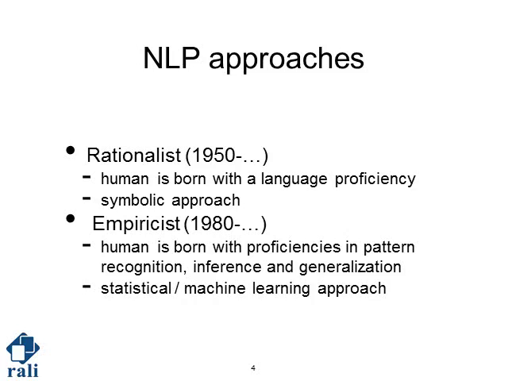In recent years, especially because we now have more powerful computers, there has been plenty of work in the area of statistical and machine learning approaches. But I'm not saying that it is either one or the other. It's probably a combination of the two, and NLP in fact combines the two.